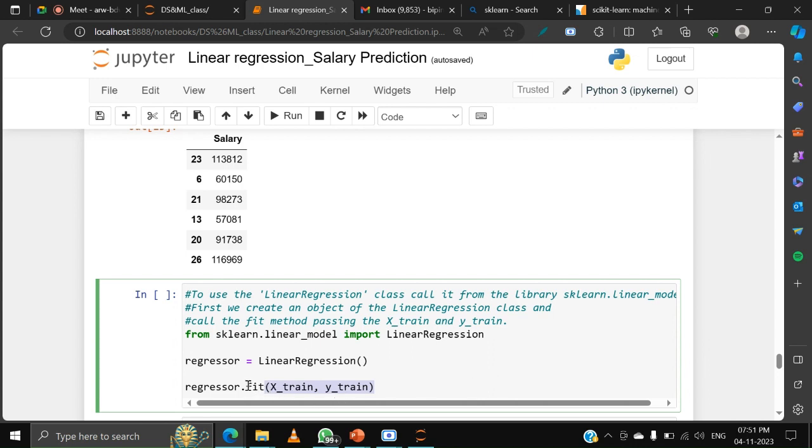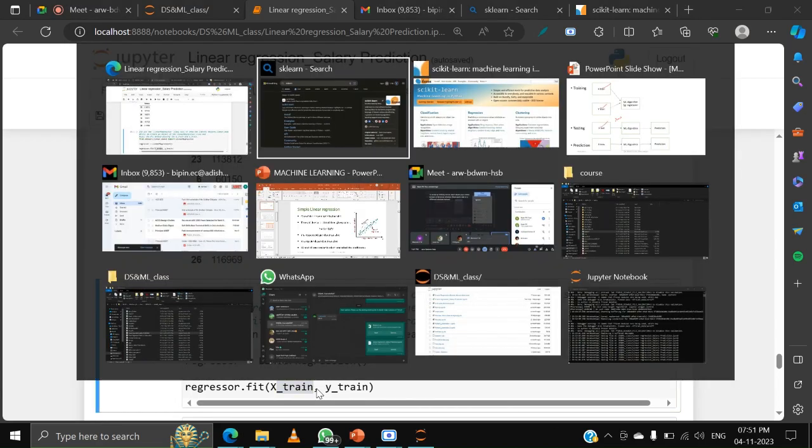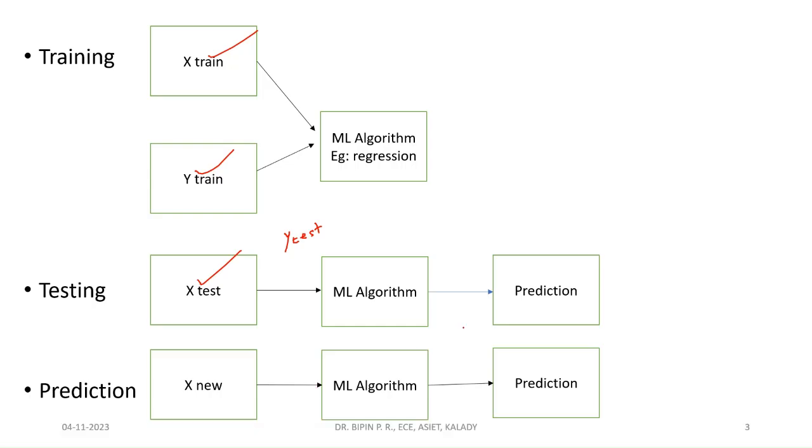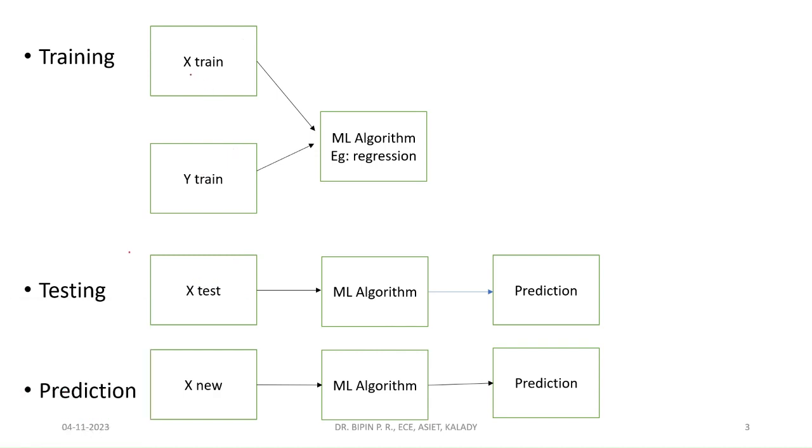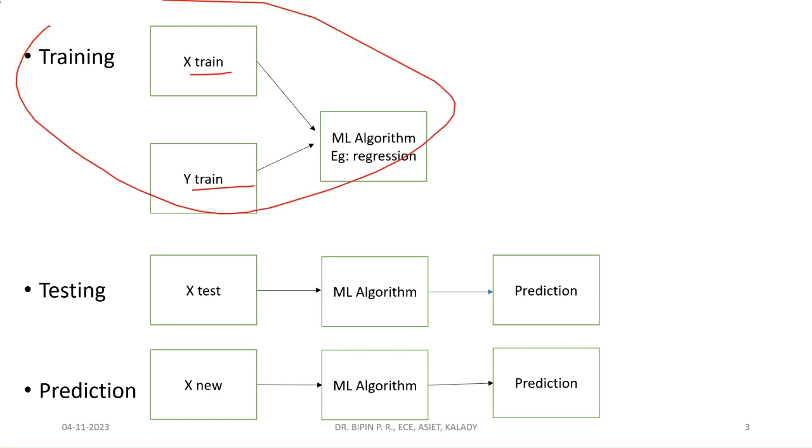Fit means we are fitting the linear regression onto the input. Here the input is X train and Y train. Why X train and Y train? Because I have shown you already, we have discussed what is the input to the regression or the machine learning. This is the training phase.